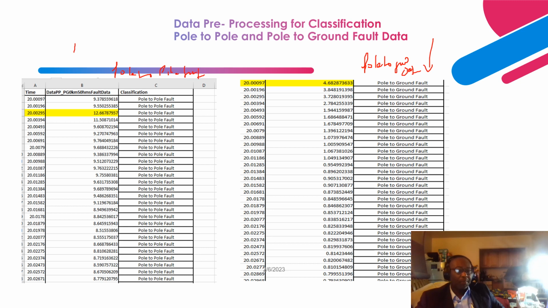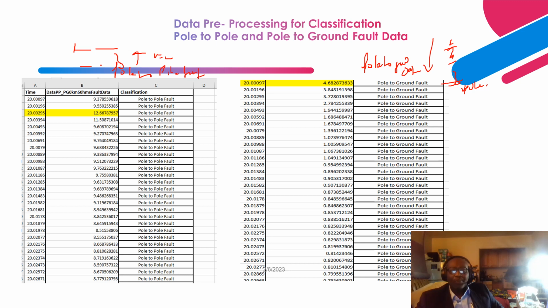Pole to pole means that the positive pole and the negative pole are shorted together, so the short-circuit currents are extremely high and the voltage is equal to 0. A pole-to-ground fault means that the positive pole is shorted to ground, and the negative pole experiences very high voltages, close to the pole-to-pole voltage.